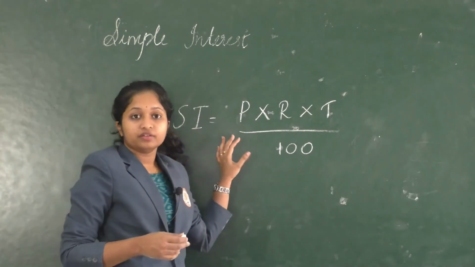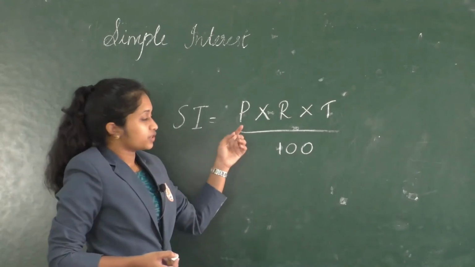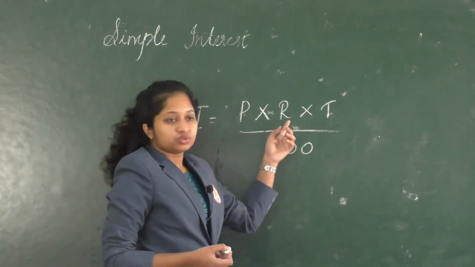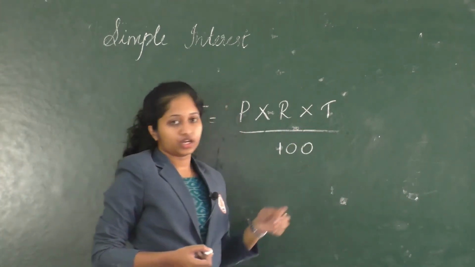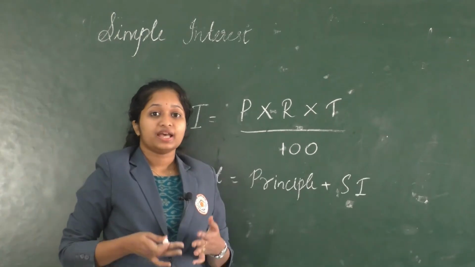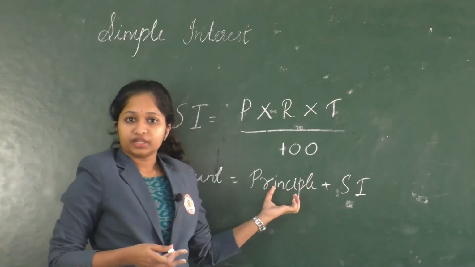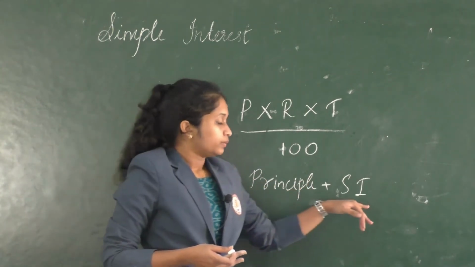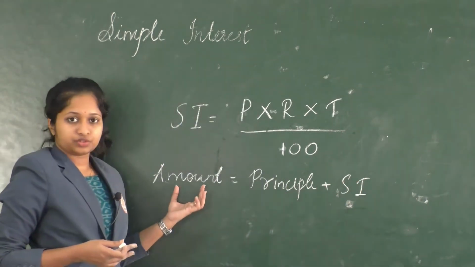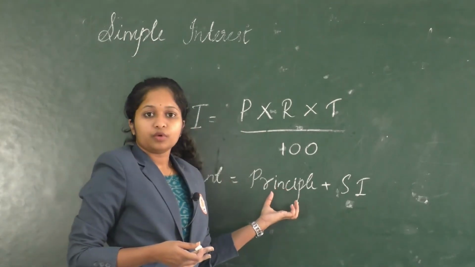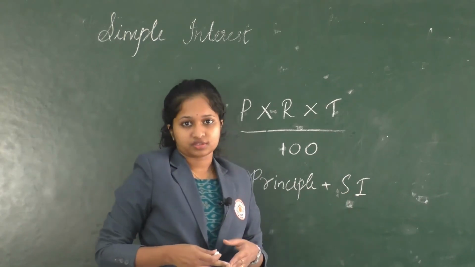So we have a formula to find the simple interest, that is principal amount into rate of interest into time period by 100. So in banks we borrow money, isn't it? The money which is borrowed added to the simple interest gives the amount. So amount is equal to the sum of principal amount and the simple interest.